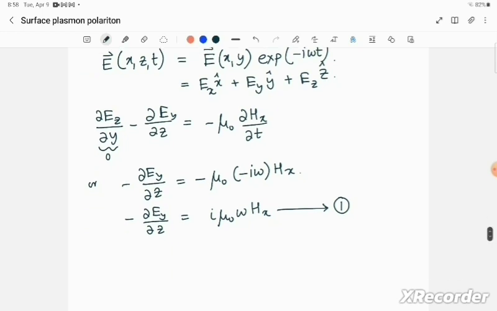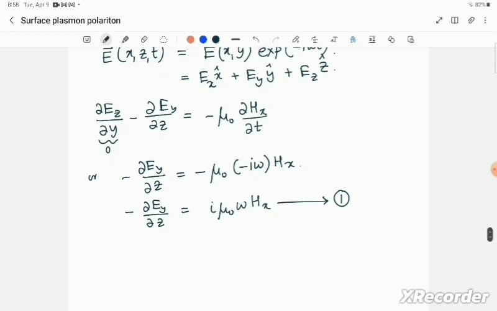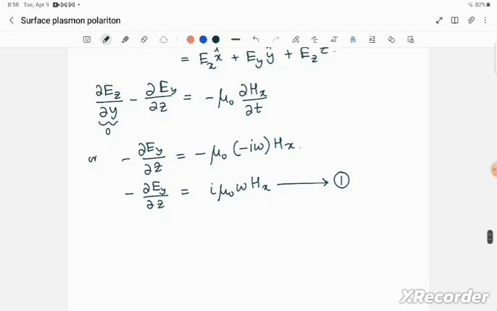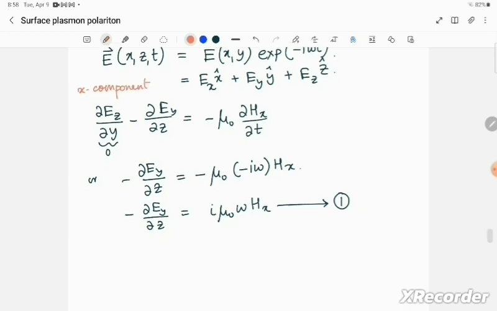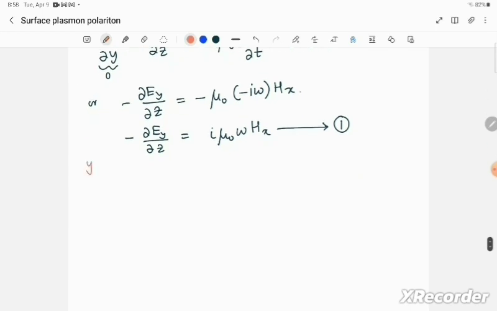And similarly, if you just keep on solving for the other components, this was for the x component. Now we will do it for the y component of the curl of E, and you will land up with something like this.